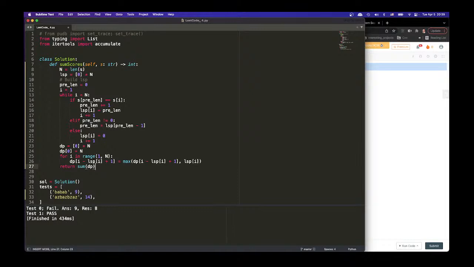Hold on. Yeah, we do stay at the same position. So we say this towards the end, we have 1, right? Because 1 is the same.